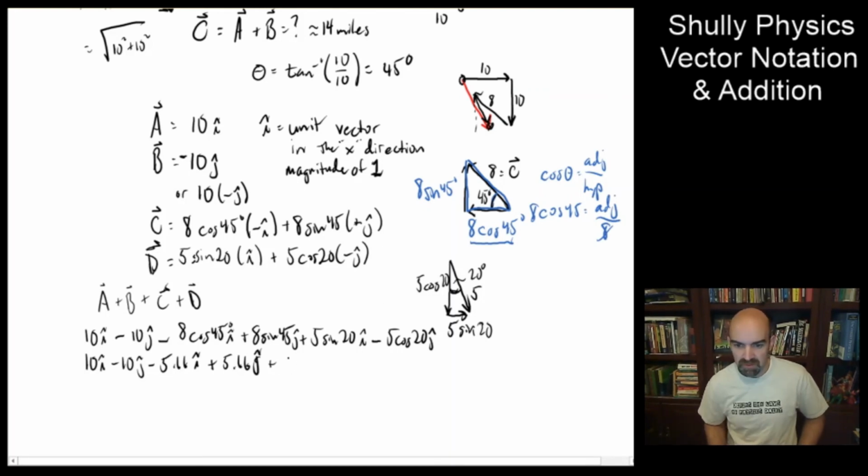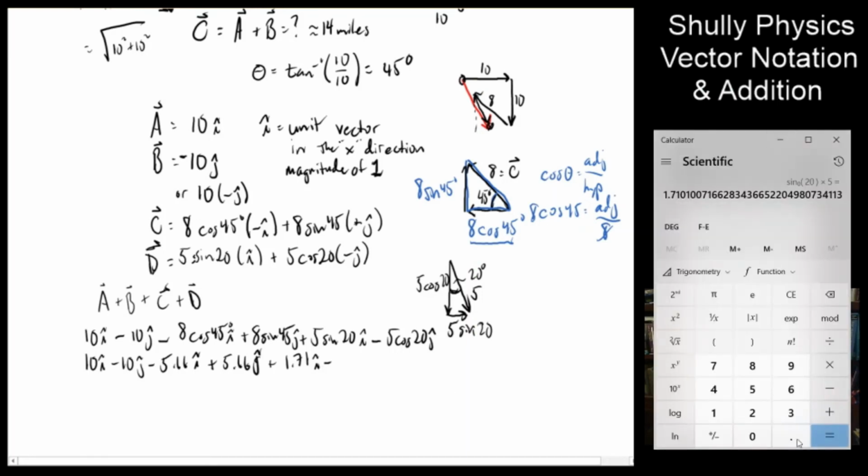So it's a small piece of that. 1.71i. And then minus 5 cosine 20. The cosine of 20 is 0.93, times 5 is 4.698. I'm just going to say 4.7.